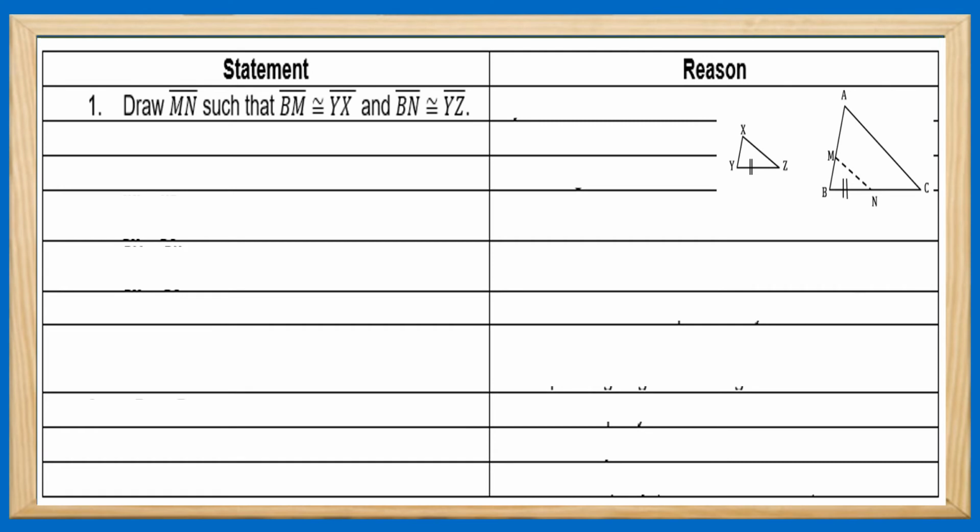So we have to draw segment MN such that segment BM is congruent to segment YX and segment BN is congruent to segment YZ. That is by construction. So we have angle Y is congruent to angle B. That is indicated in the given. Now, triangle XYZ is congruent to triangle MBN.